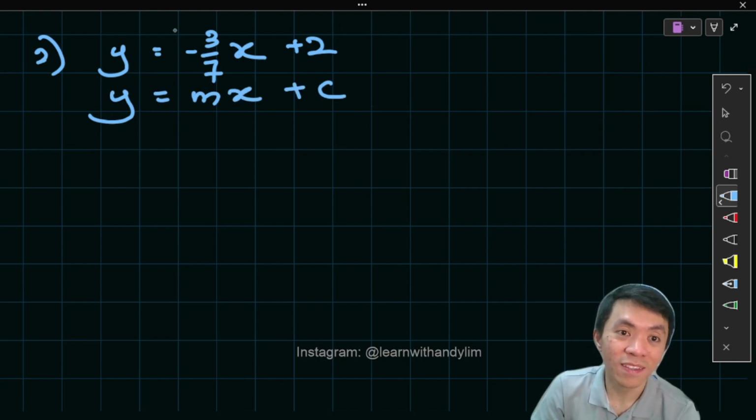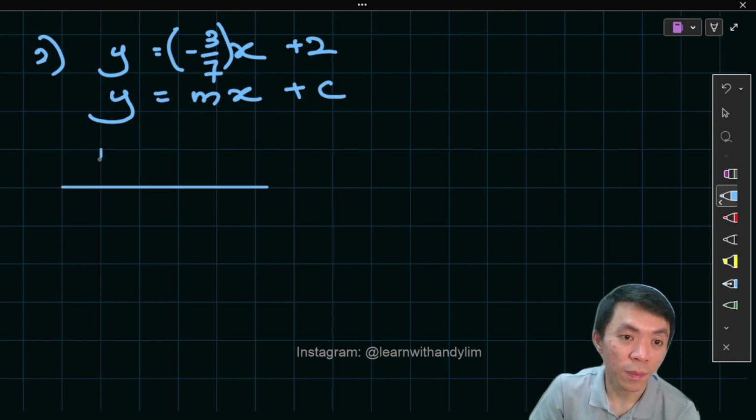Therefore, it is a straight line. I have my gradient negative 3/7 and my y-intercept to be 2. One more time, we need a minimum of 2 points in order to draw a straight line.